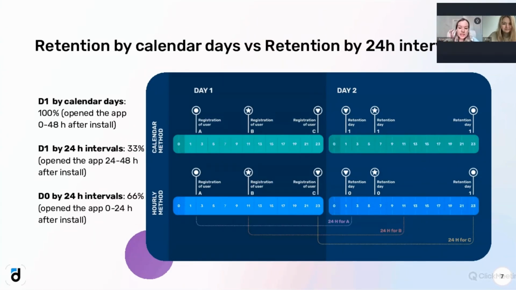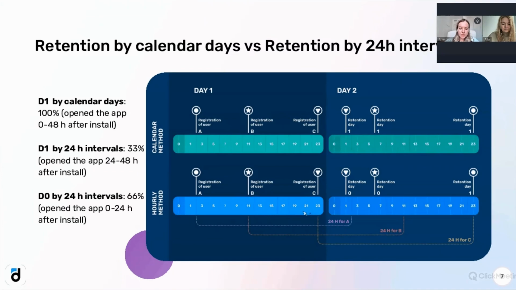As I said in the presentation, we have here 3 users, and the same 3 users calculated with the calendar method and with the hourly method. Let's stick with the hourly method. We have user A, and here is their first visit and here is their second visit, so it goes to retention day 1.